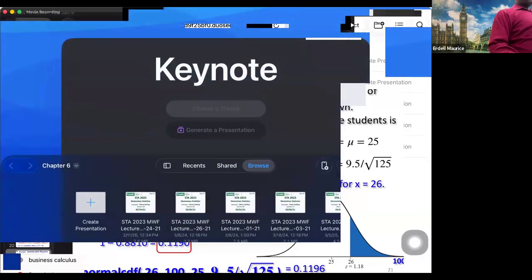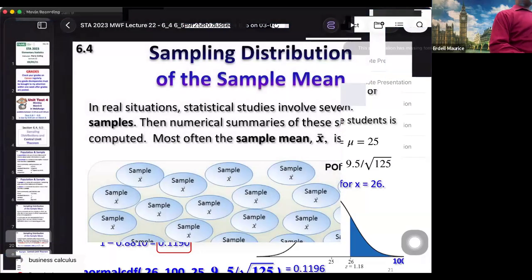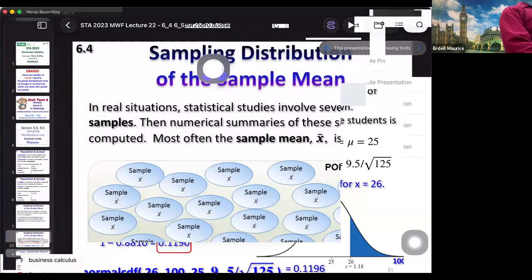So, the sampling distribution of the sample mean: if you try to figure out how means behave, remember we did a while ago, you took 5 people, you got the average, you took 5 people, you got the average, you took 5 people, you got the average.